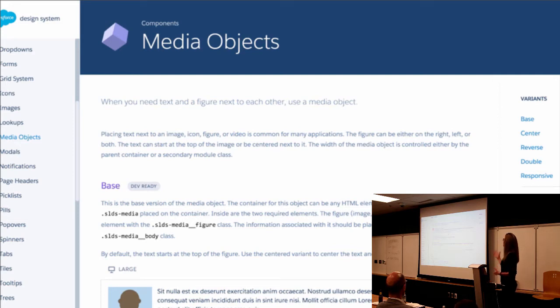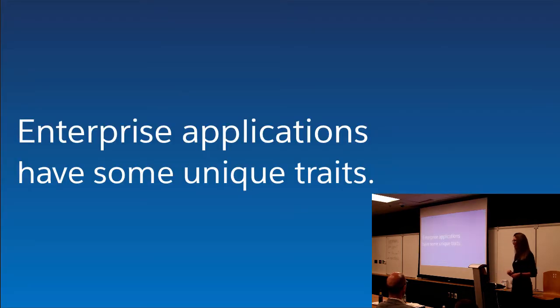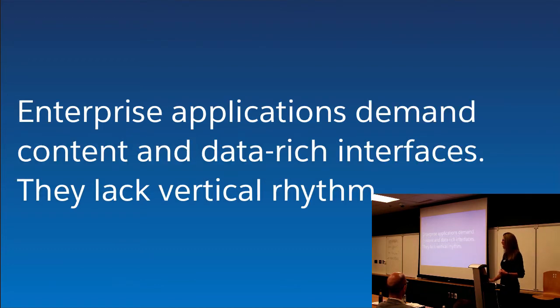So let's talk about enterprise applications, because they are different, as you know, from building a regular web page. We found some very unique traits as we went through and did these inventories. With content, enterprise applications demand data-rich interfaces. They don't have the vertical rhythm that you see on a regular web page, right?